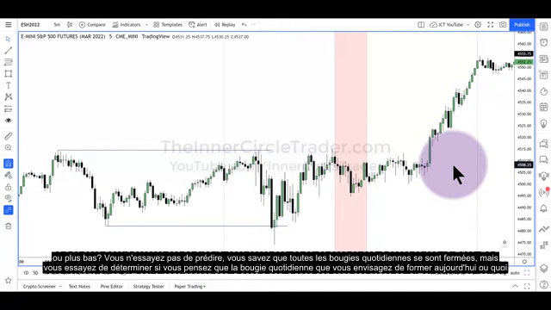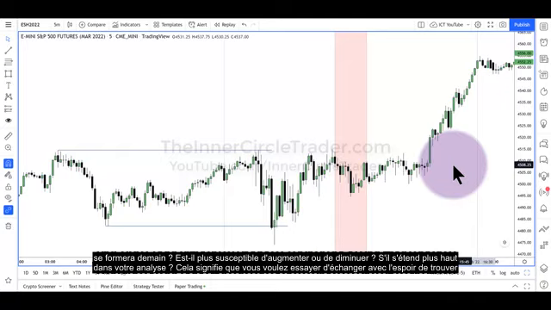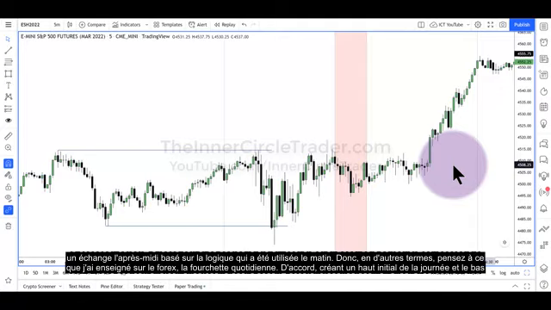You're not trying to predict every single daily candle's close, but you're trying to determine whether the daily candle forming today, or tomorrow, is more likely to be expanding higher or lower. If it's expanding higher in your analysis, that means you want to find a trade in the afternoon based on the logic that was used in the morning.